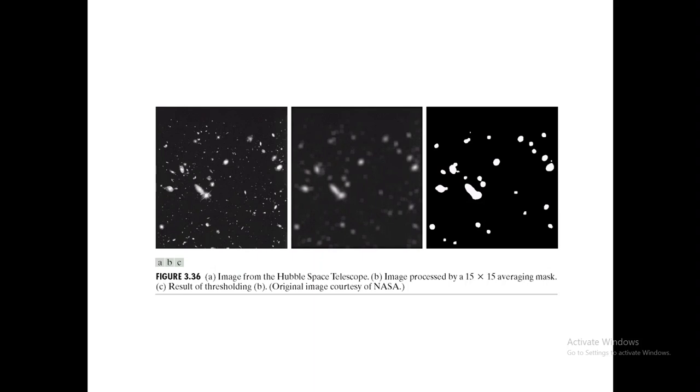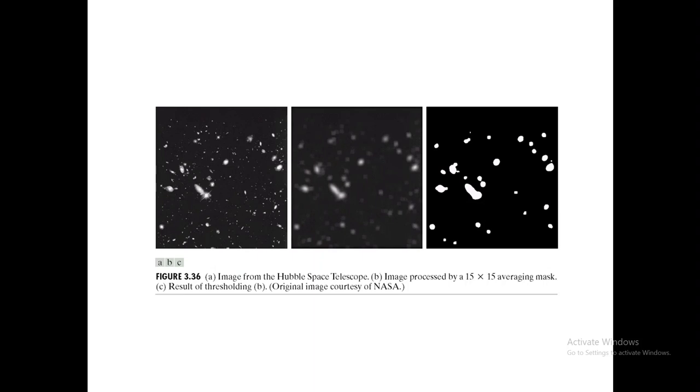We have an image from the Hubble Space Telescope, and the image processed by a 15 by 15 averaging mask. Next is thresholding. We'll discuss the thresholding operation in subsequent classes, but for now let's just focus on the averaging mask, or just the smoothing filter.